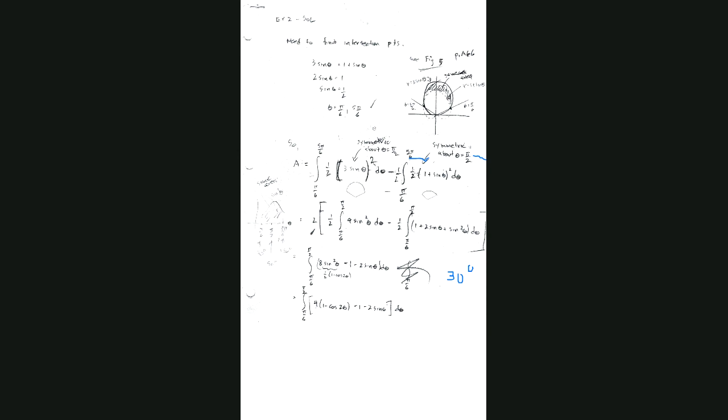So that would be 1/2 times 3 sine theta quantity squared d theta, where the angle goes from pi/6 to 5 pi/6. Find that area, and then subtract out the area of the cardioid going from pi/6 to 5 pi/6. And by doing that, you'll get the black area.